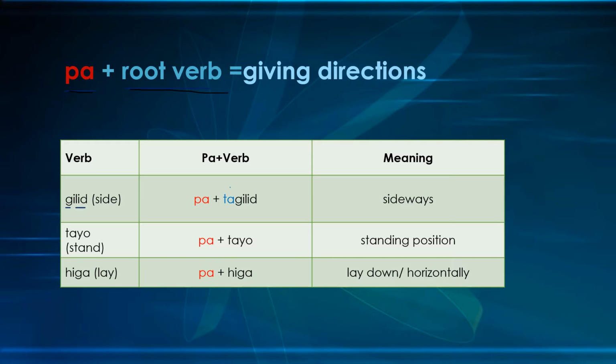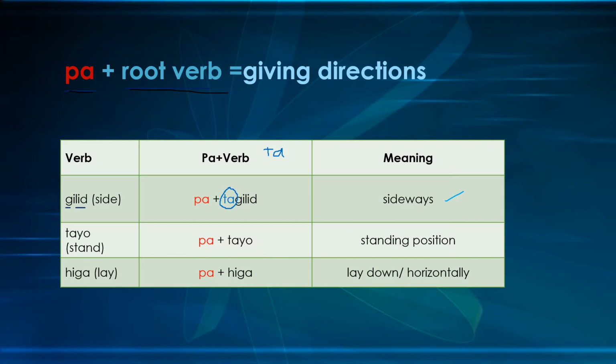If you can observe, we have here another affix, ta. It's like a special affix that we should put here to complete the thought. So if we just say pagilid, it's understandable, but if we want to put it in a proper way, we should put ta, patagilid, and it means sideways.